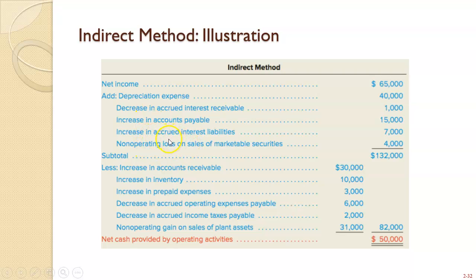It's just the change in the balance sheet item from the last time you prepared a cash flow statement.